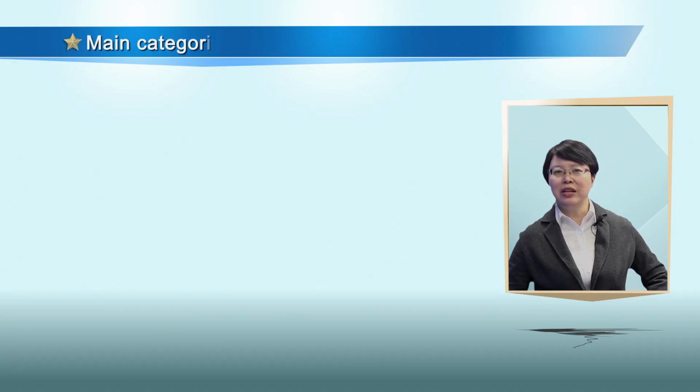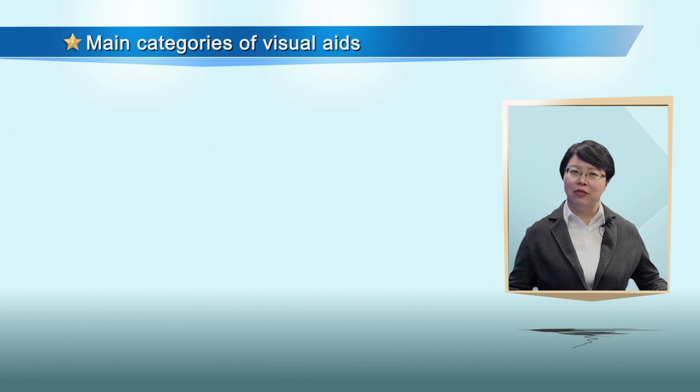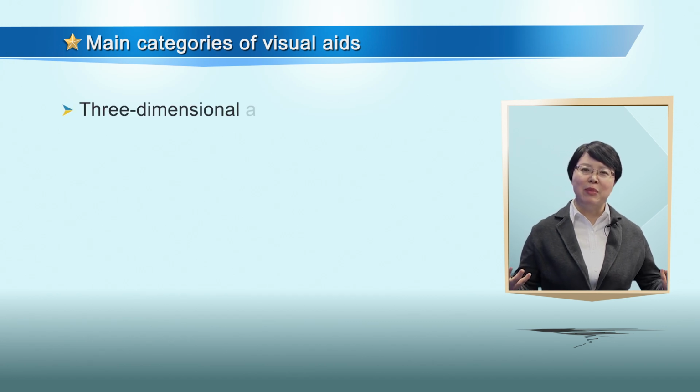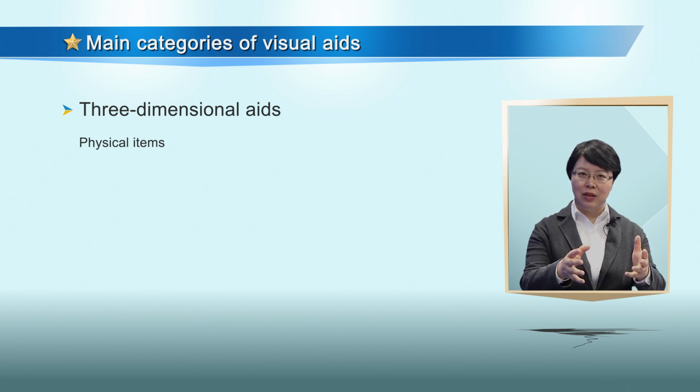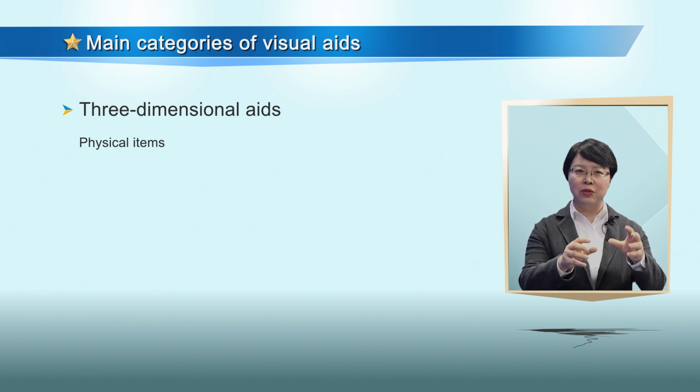Mainly, there are three categories of visual aids. First, three-dimensional aids. They are physical items like models, artifacts, pet animals, or people, real things that you can touch, you can feel.